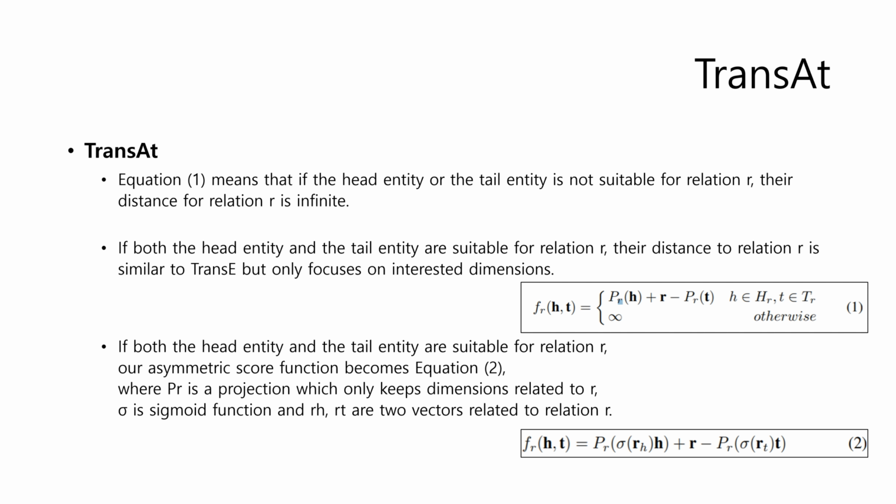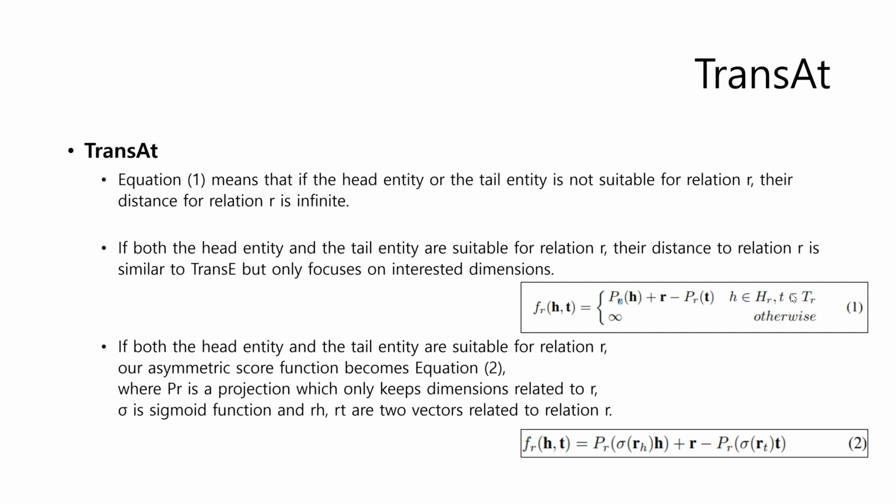Equation one means that if the head entity or tail entity is not suitable for relation r, their distance to relation r is infinite. If both the head entity and tail entity are suitable for relation r, their distance to relation r is similar to the TransE model, but only focuses on the interested dimensions here.